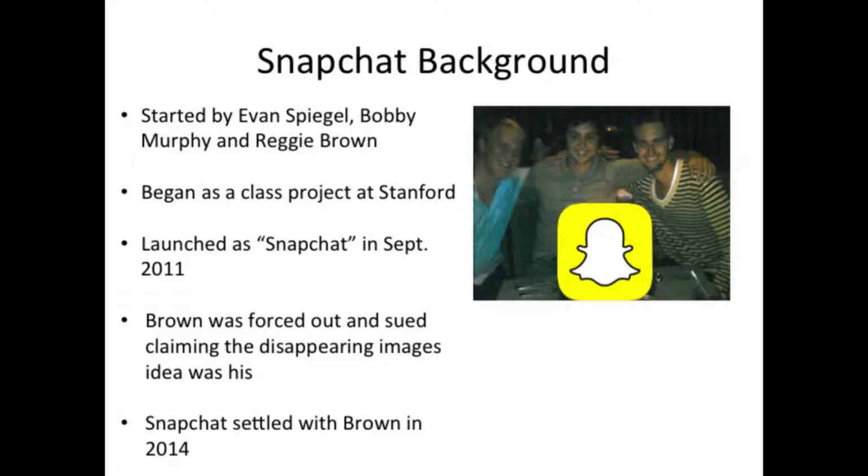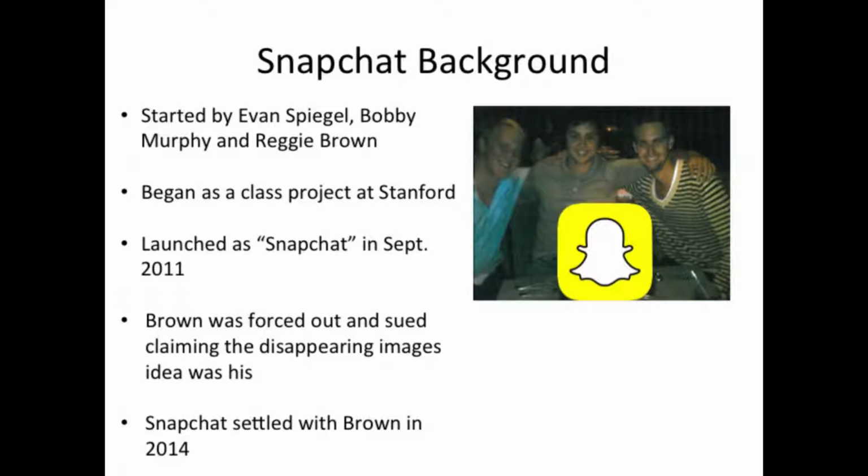Now, Brown claimed that he came up with the idea for the disappearing images and the Snapchat logo, and that Spiegel, the company's CEO, was the business brain of the operation. Eventually, Spiegel and Murphy cut Brown out of the business, and Brown sued, claiming that the idea was his. Now, does this remind you of any other social media company? Of course it does.